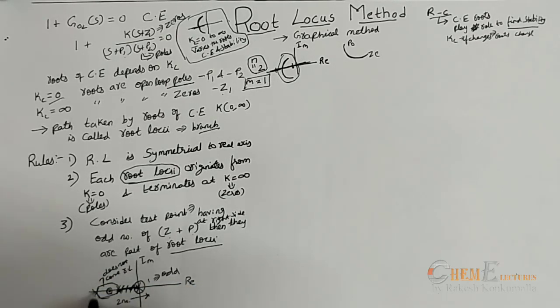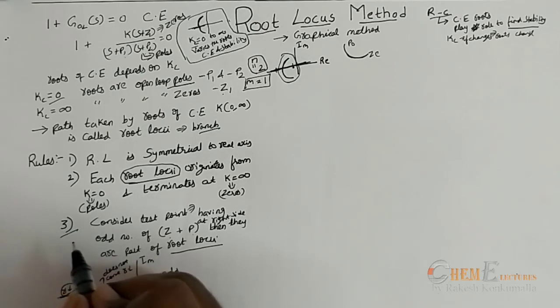Now considering the test point here, you can see a total of poles 1, 2 and 3 towards the right side, an odd number, which means that from this pole towards infinity comes under the root loci. In this way, this rule 3 applies.